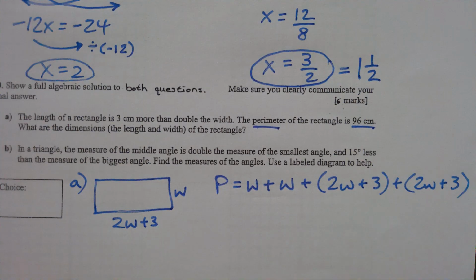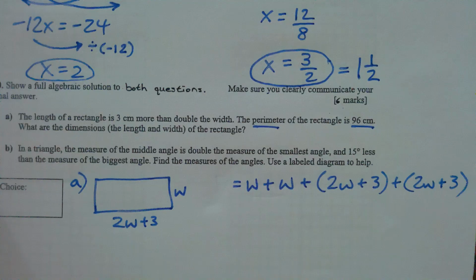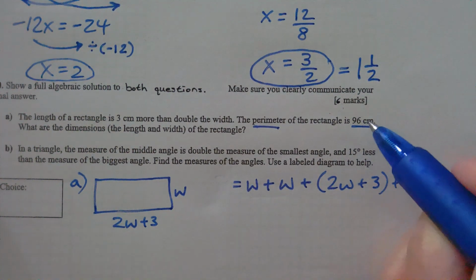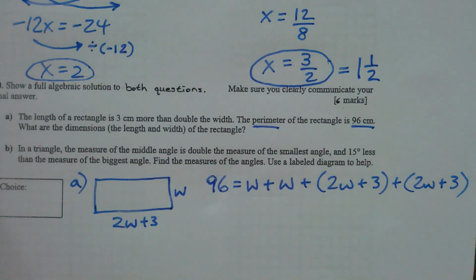I just think that way it's more prone to silly mistakes. So I'd rather we just write it out. Write out the 4 sides. Okay. But notice we had P and W, 2 unknowns. So we actually know what P is. P is 96. So we replace that. Now my equation only has 1 unknown.